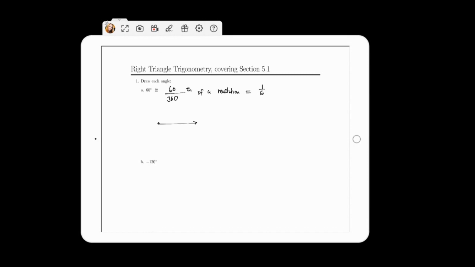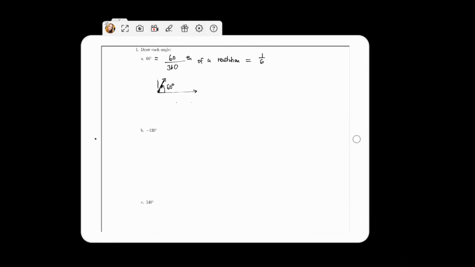Here we have our initial side, and we know that this one here represents 90. So 60 will be right here. It's often useful to draw it in reference to 90, like 60 is 2/3 of the way to 90. And you'll notice that I drew it counterclockwise because it's positive.